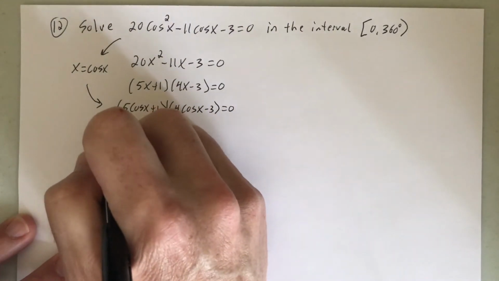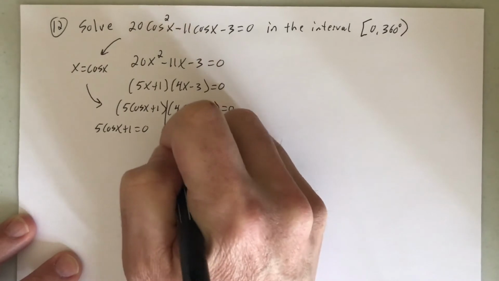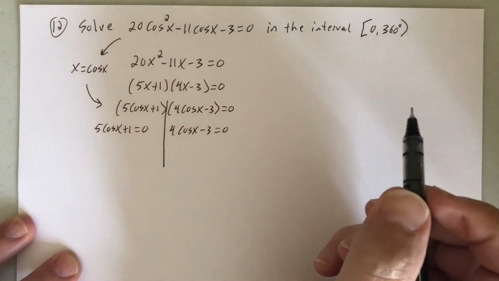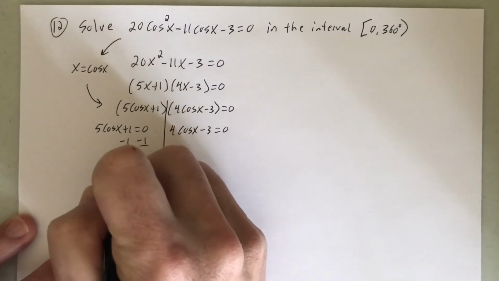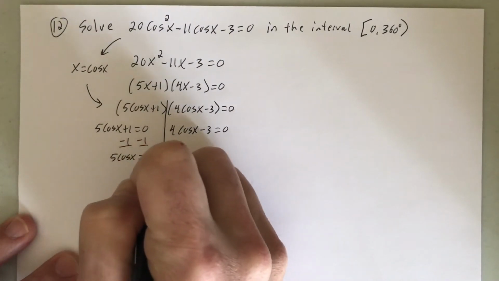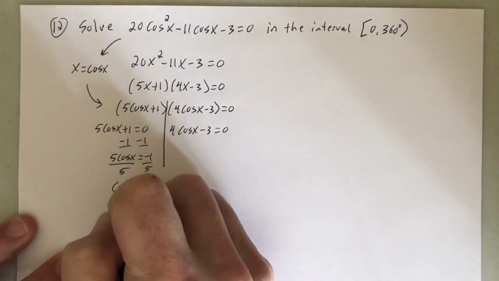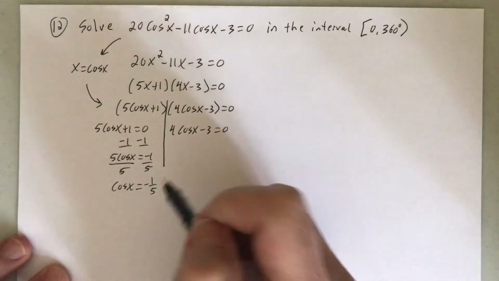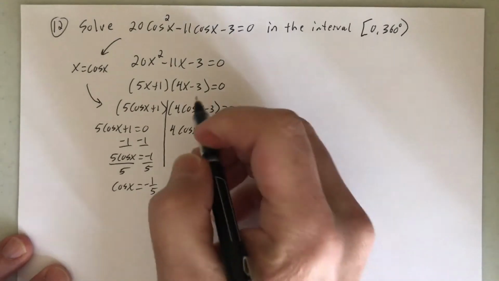So I get 5 cosine x plus 1 is equal to 0, and 4 cosine x minus 3 is equal to 0. So here, subtract 1. So 5 cosine x is equal to negative 1. Divide by 5. So cosine x is equal to negative 1/5. And that's good. Negative 1/5 is between negative 1 and 1, so we're going to get values for that.